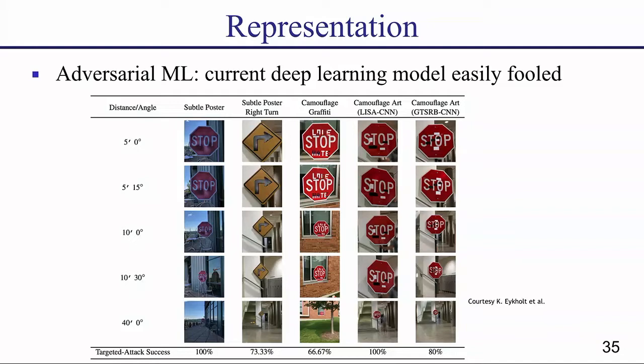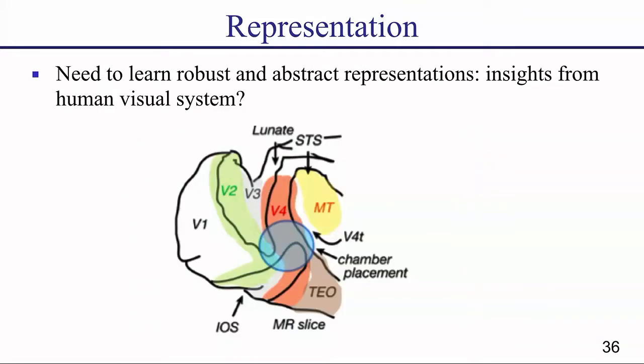Instead, the machine learning model is going to say this is a speed limit of 45 miles per hour. And in all the images that the researchers tried to attack, all of them were very successful. And the classification score is very confident. We cannot put a self-driving car with these deep learning models on the street.